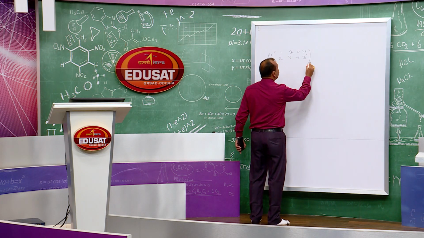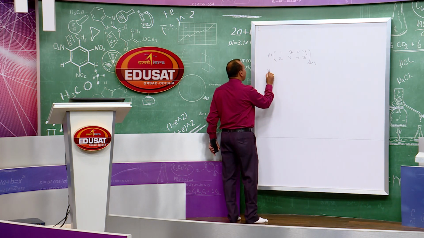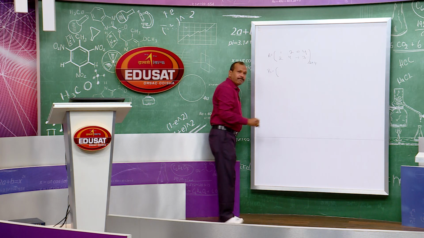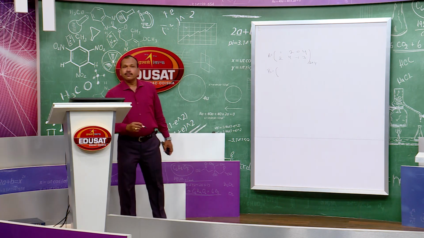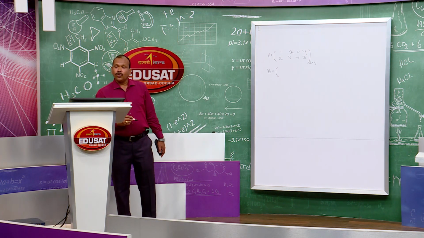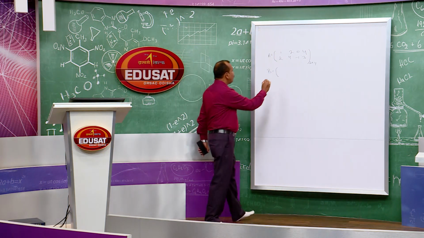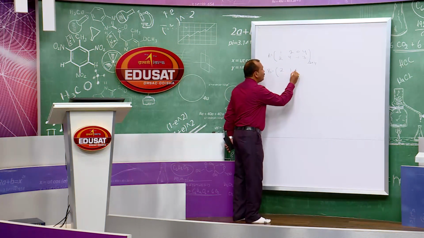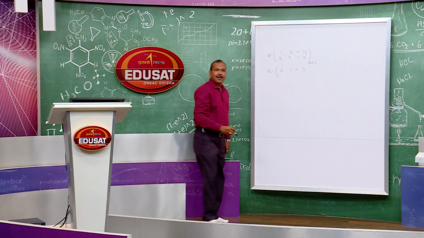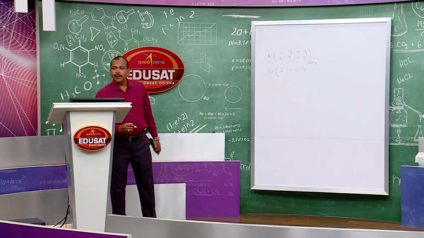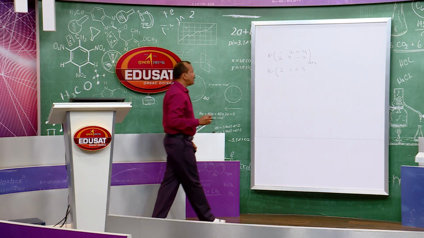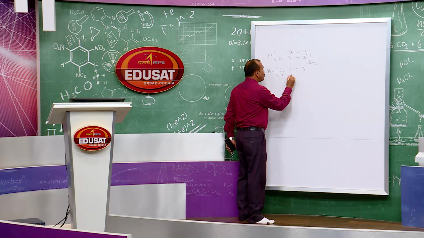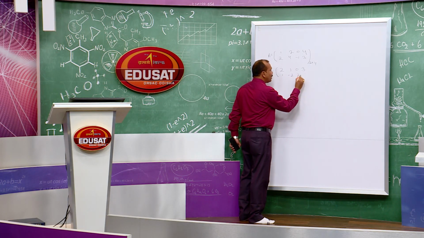This is a 2 cross 4 matrix, and B is a matrix given by 2, 1, 0, 3, and the second row is given by 1, minus 2, 2, 3.